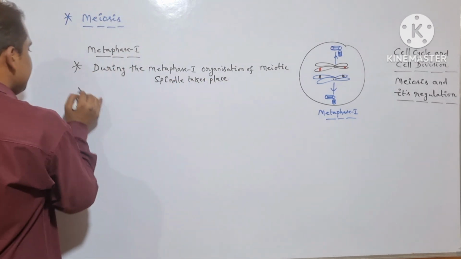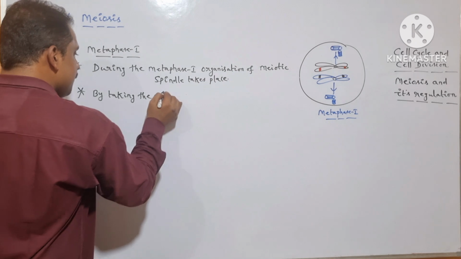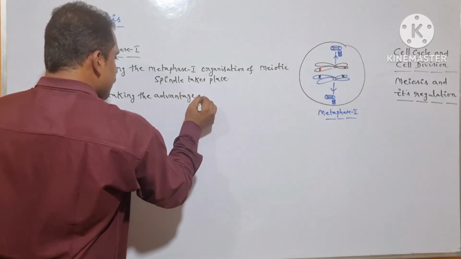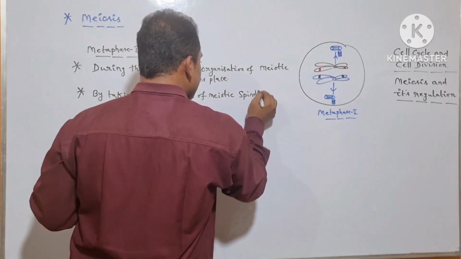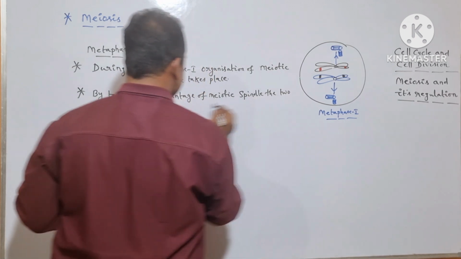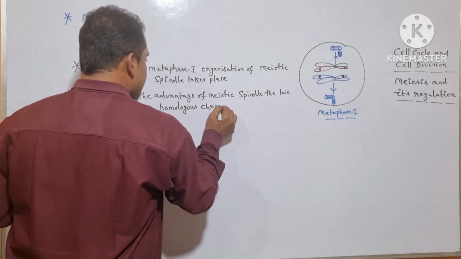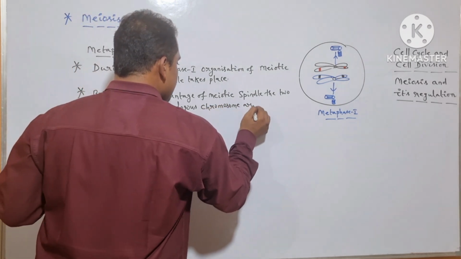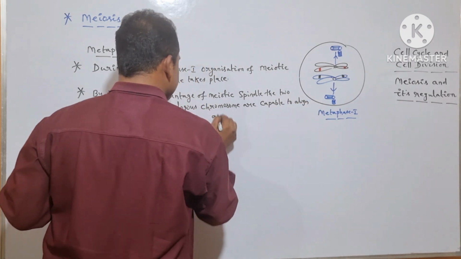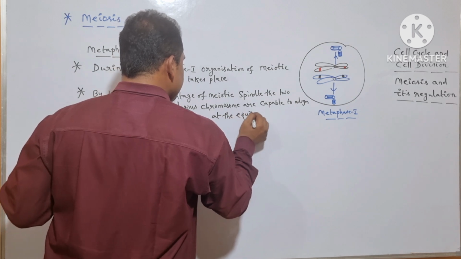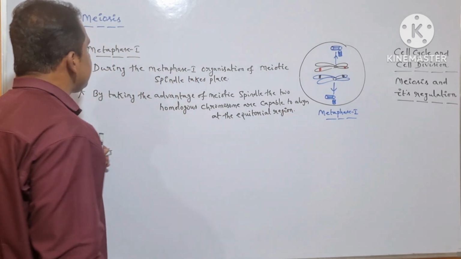And here, by taking the advantage of meiotic spindle, the two homologous chromosomes are capable to align at the equatorial region. Right? So here, this is regarding metaphase 1.